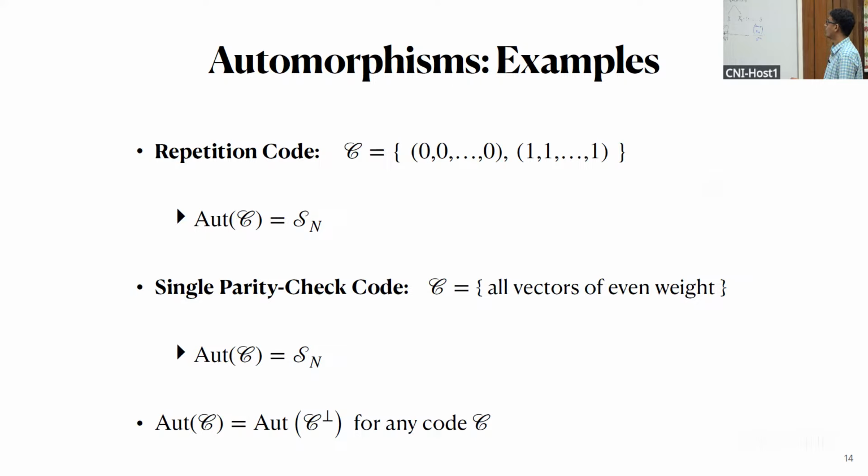This is all vectors of even weight. If you take an even weight vector and apply any permutation you like, the weight is not going to change. So of course, every permutation is an automorphism of the code. And it is known that dual pairs of codes have the same automorphism group. That's a very known fact.